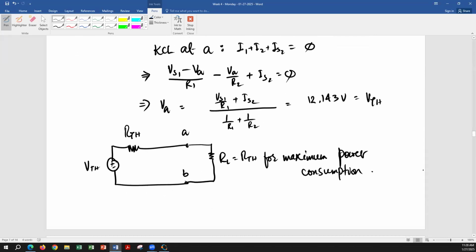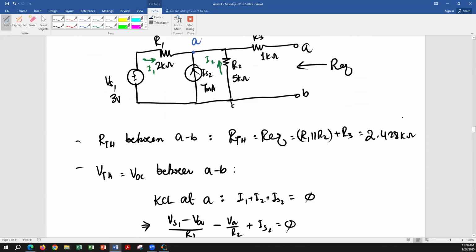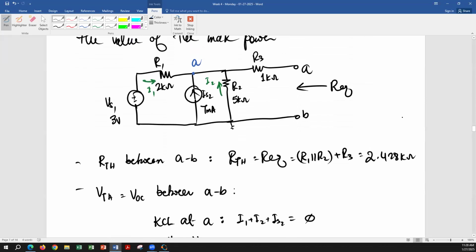I don't want to do the power since we don't have much time. I want to do at least one more problem. Any question about this? This is the easier version of Thevenin in which there is no dependent current source.